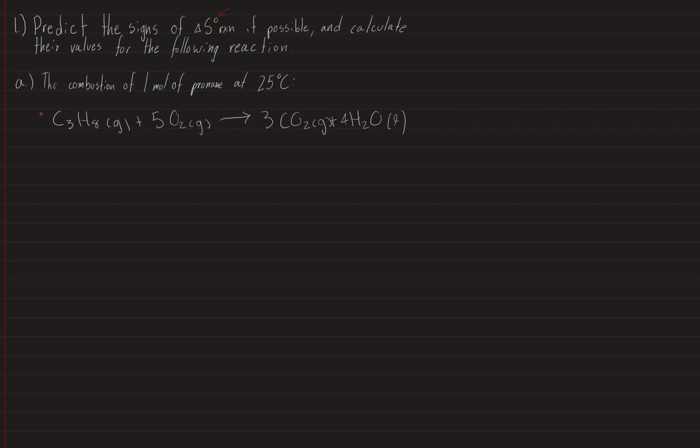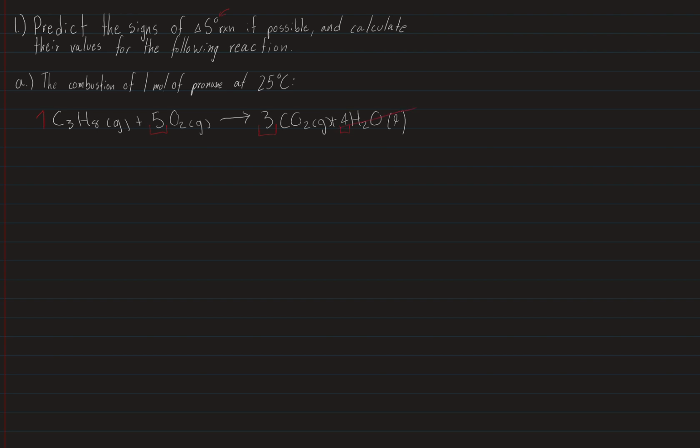So we can see here that we have 1 mole of propane, and then we have 5 moles of oxygen gas. Here we have 3 moles of carbon dioxide, and we have 4 moles of water. But water is in liquid form, and right now we're only interested in the gases, so we're not going to take that into consideration.